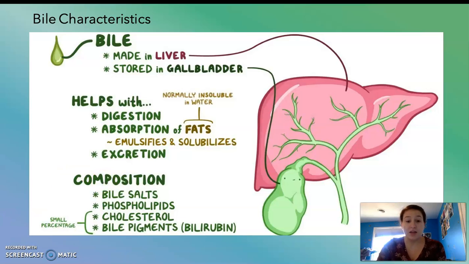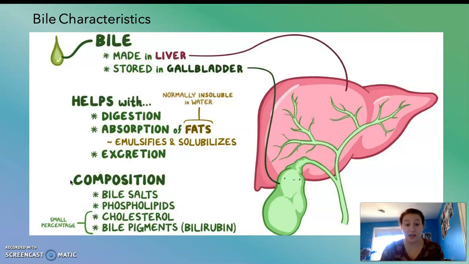Bile is made up of a bunch of different things. Its main composition is bile salts, and that is what actually helps break down the fats. Bile salts travel through the duodenum and then we reuse them. The body doesn't have an unlimited store of bile salts, so we reuse what we have over and over again.